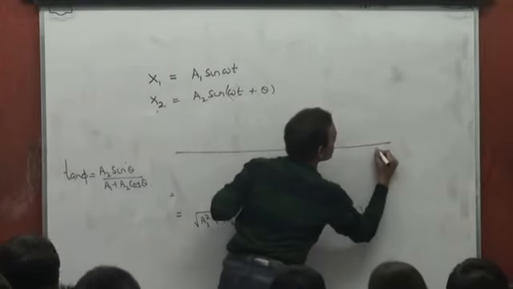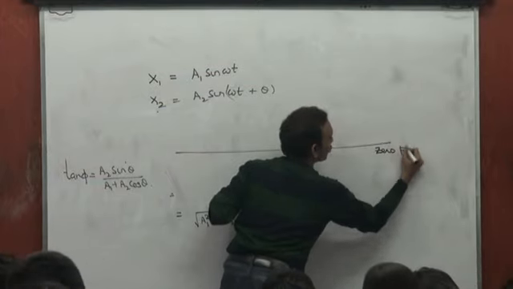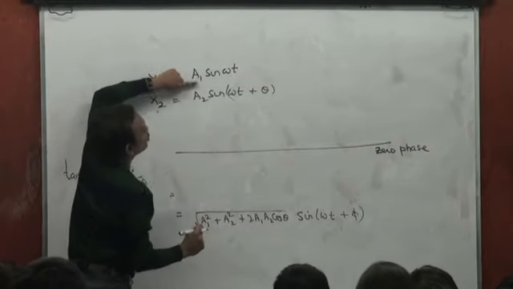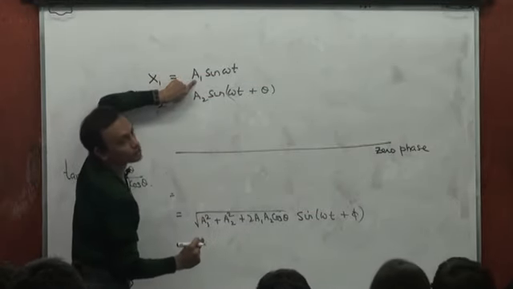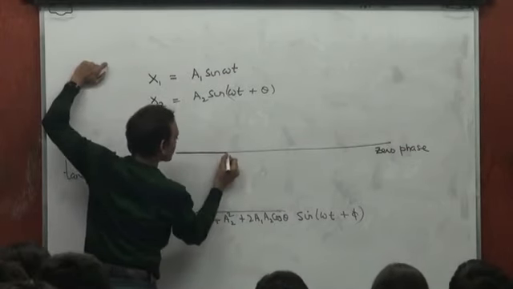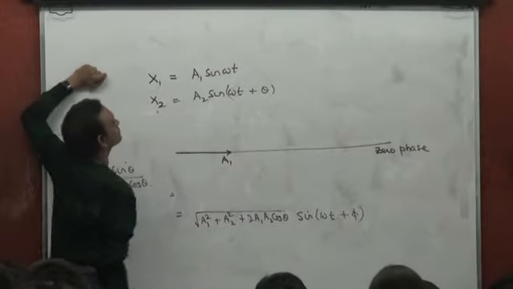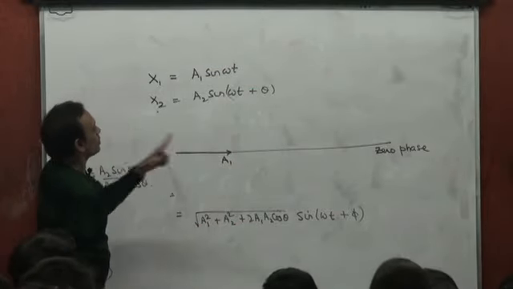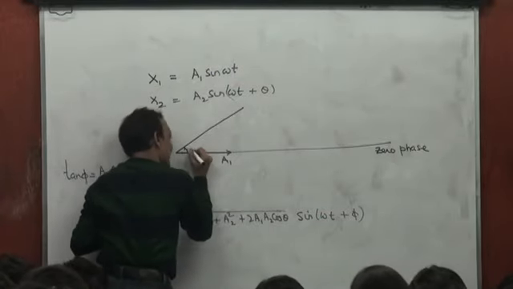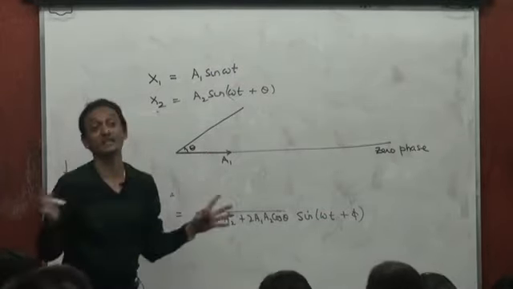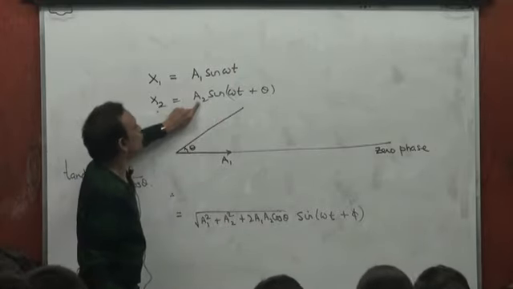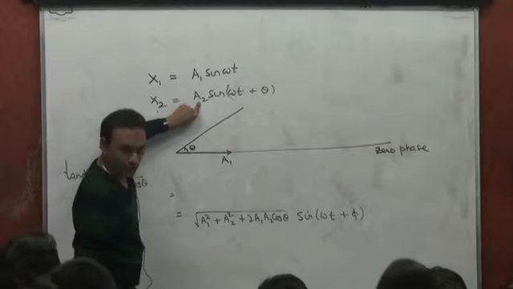Think of this as a zero phase line. Along the zero phase line, draw a vector of magnitude a1. And now, if this is zero phase, a line inclined at an angle theta could be looked upon as phase theta.